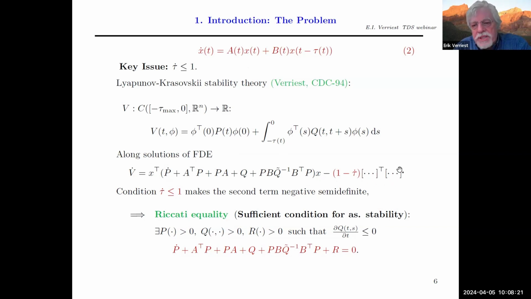So again, we have this symmetric quadratic term with a negative sign, but it also has 1 minus tau dot. So that's where the key issue comes in. If tau dot is less than 1, this term is negative definite. We don't need to worry about it. And we have then, again, a quadratic condition, or a Riccati condition, for stability.